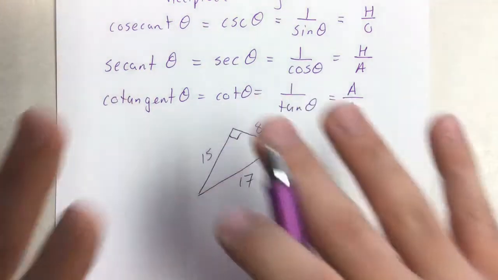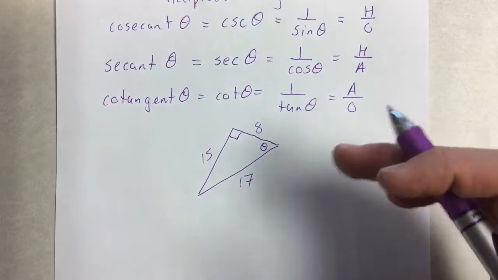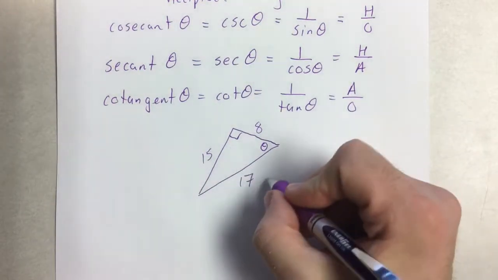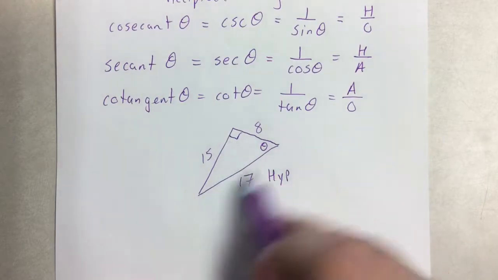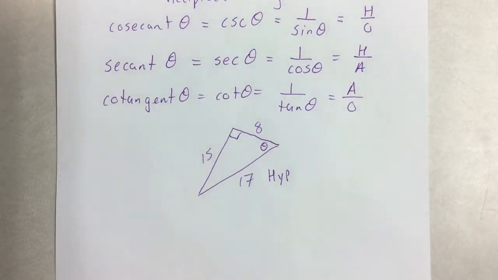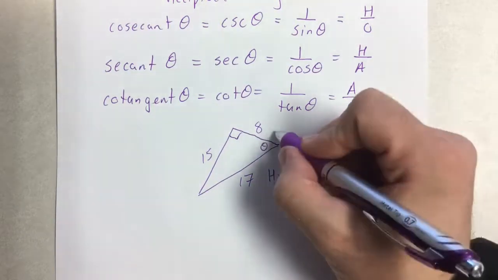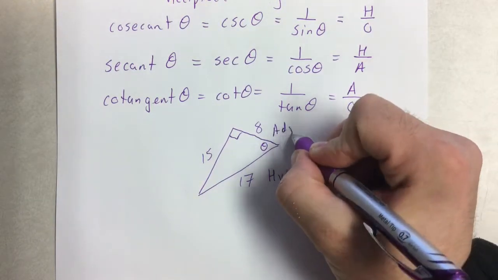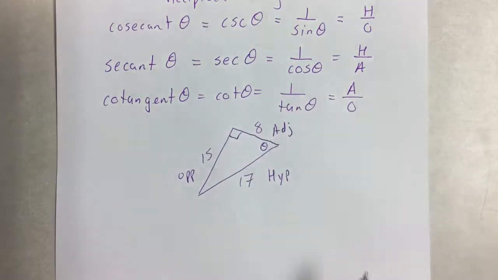So let's begin. Before we write the ratios, I want us to identify what sides are which. The hypotenuse is the quickest and easiest one to identify. Right angle, there it is. The other side that forms our reference angle, this side, will be our adjacent. And then the remaining side is our opposite.